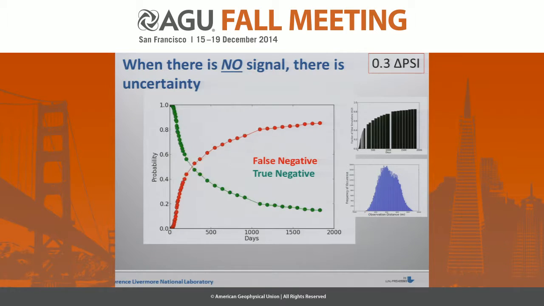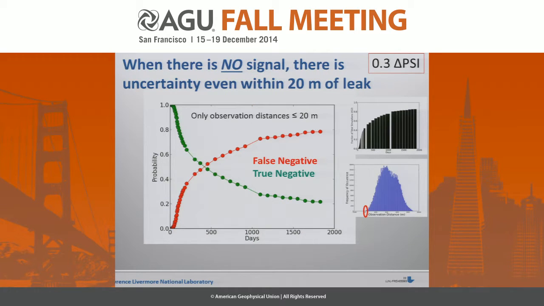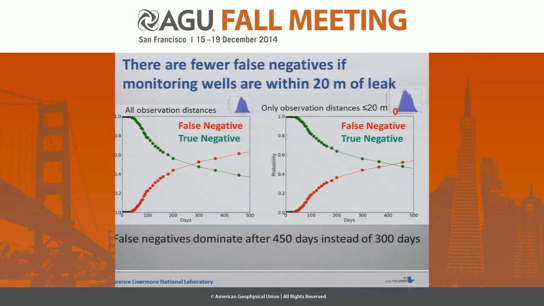So I'll switch back and forth a little bit. Oops. So here we see a slight drop. Now, if we focus in on the first 500 days, what this means is that the false negatives will dominate after 450 days if we're closer to the leak, instead of 300 days.